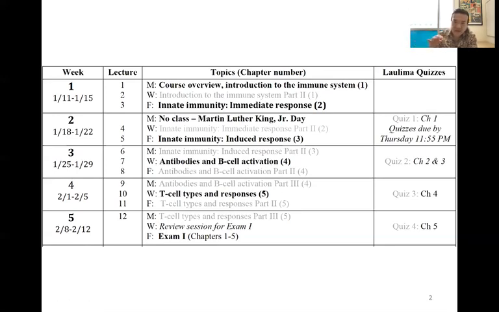Chapters 4 and 5 are an introduction to how B cells and T cells make things like these special receptors on their surface. And then chapters 6 and 7 go back to looking at B cells again and how they actually function in the context of our immune system, and then they look at T cells again. So there's a little bit of back and forth, but I just follow it because that's the way the book presents it.